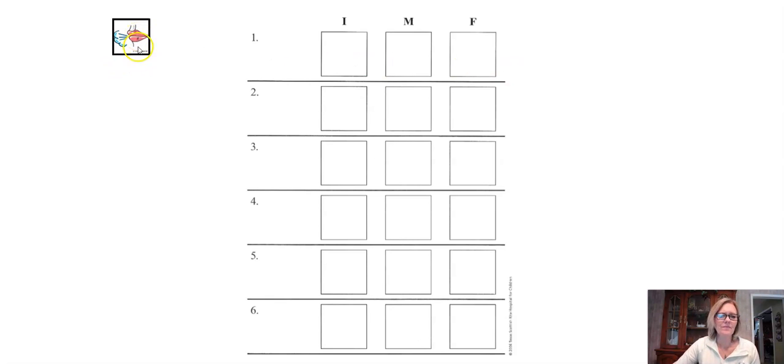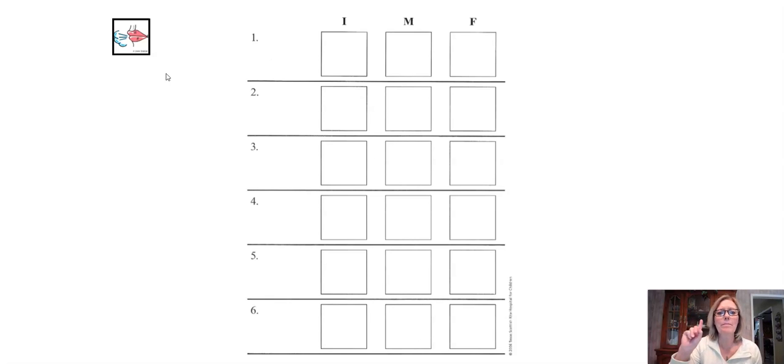Now, I'll say a word and you need to decide if you heard this word in the initial, medial, or final position. Not the word, the letter. And we're listening for the sound P, as in P, P. All right, so here's our word. Pit.